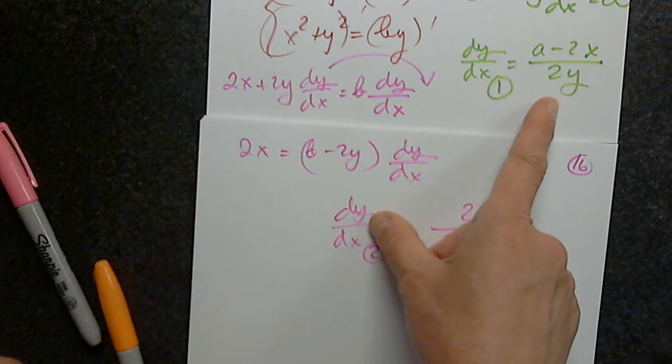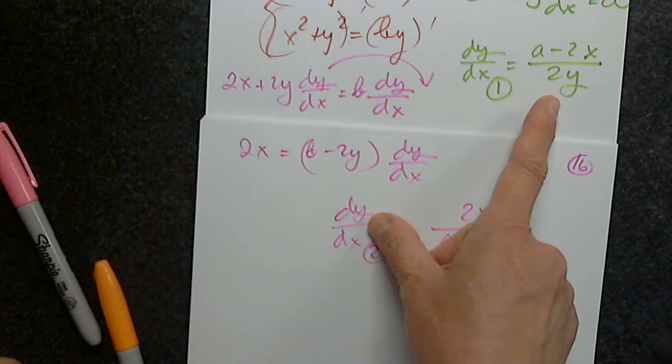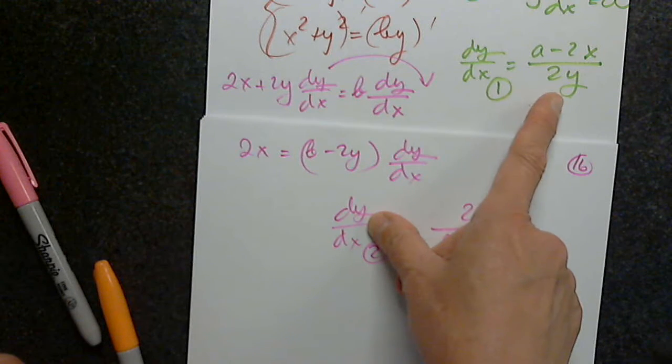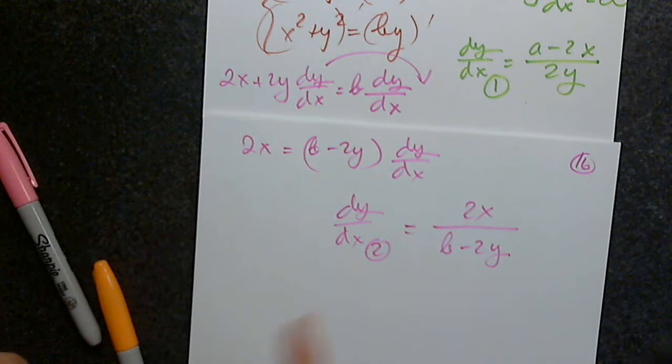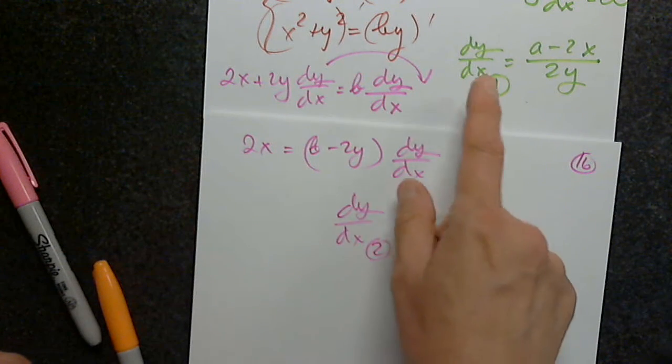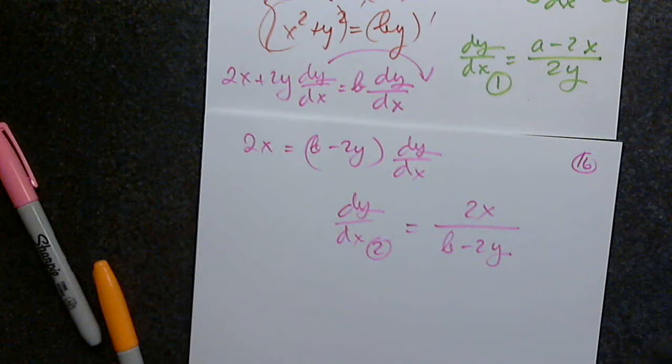For each point, I will determine the slope of the first curve and the slope of the second curve. And then I'll come back. For the second point, I determine the slope of the first, and I determine the slope of the second. And only if the product for A and the product for B are -1, then I'll say these curves are orthogonal trajectories. Ella, is this better?